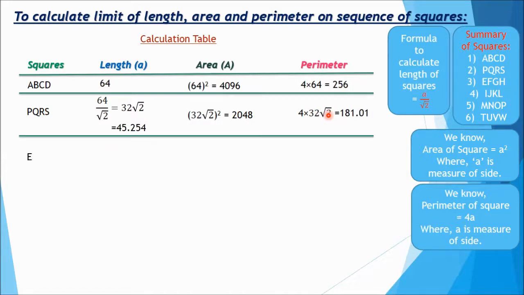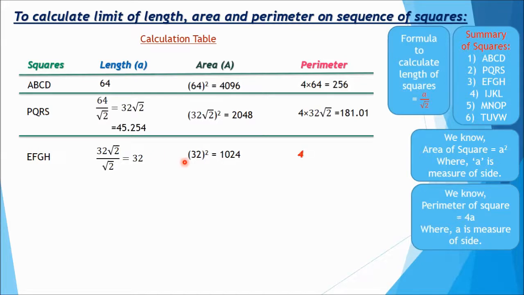Now let's see the next square, EFGH. Now we have to calculate the length of this next square, that is 32 root 2 by root 2. Now a, as I have already said, will be the length of the previous square, that is 32 root 2. Now it's exactly 32. Now we can calculate the area. Area of the square EFGH, 32 square, will be 1024.